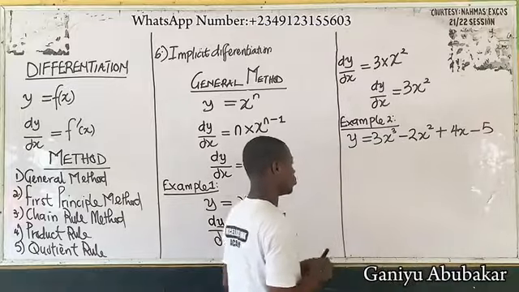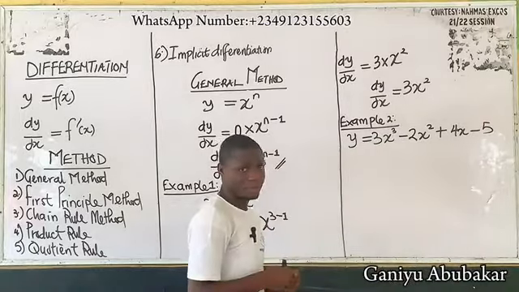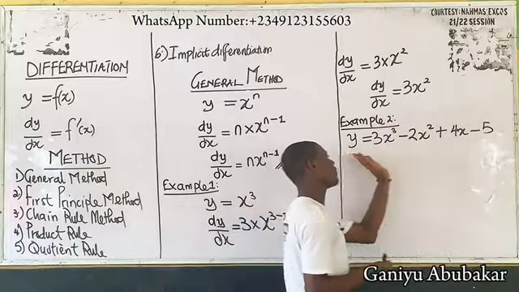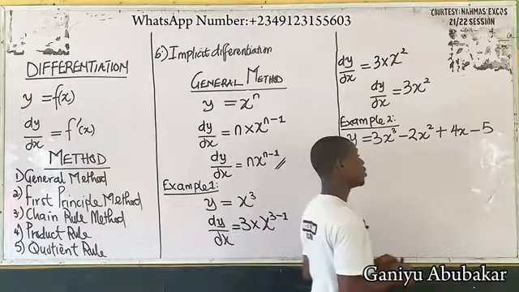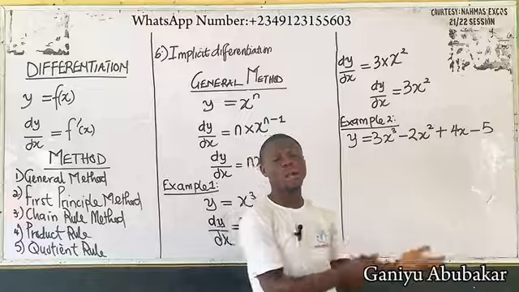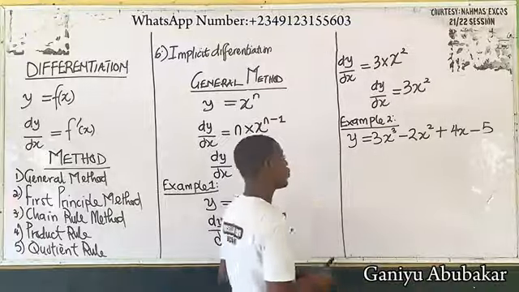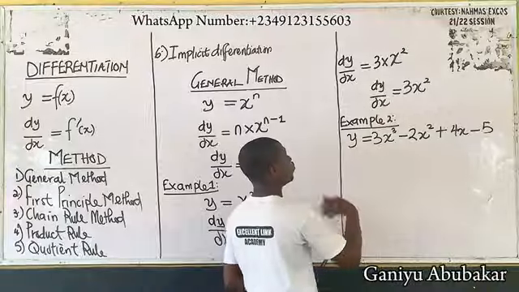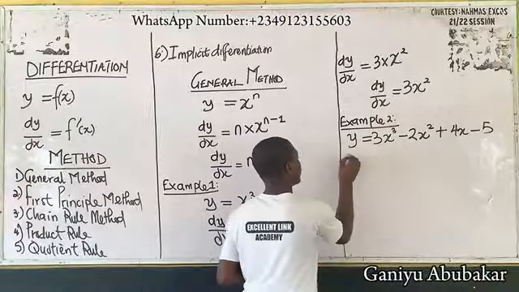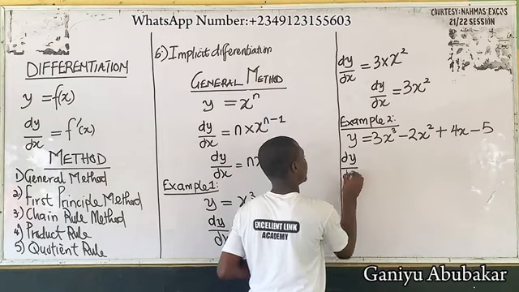Let's say I'm asked to find dy over dx here. I'm seeing y and x, so I'm representing y with respect to x. That becomes dy over dx.